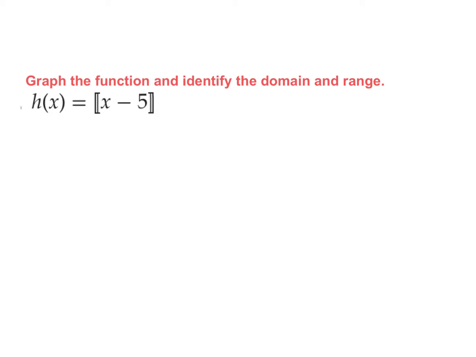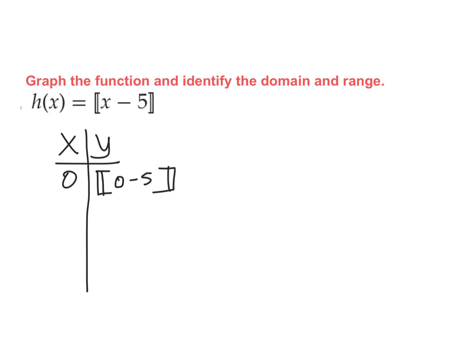The easiest number we ever use to plug in is 0. So that's where we're going to start. I'm going to plug that in and figure out what that equals.